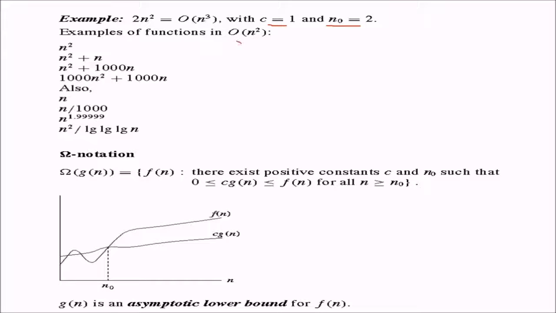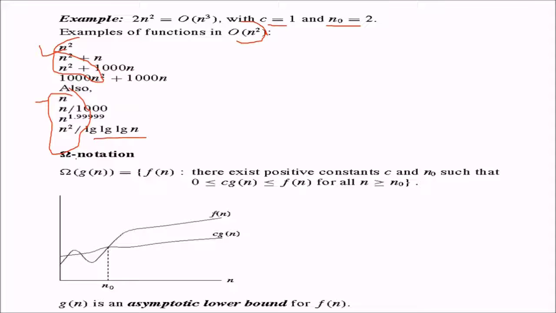Examples of functions of order n square are n square plus 1, n square plus 1000n, 1000 n square, and also n by 1000, n to the power something. In this case, we always say that this will be the order of n square, and this will be the order of n.